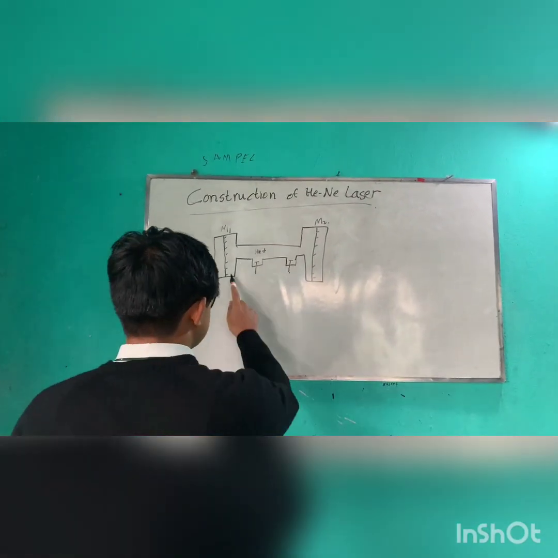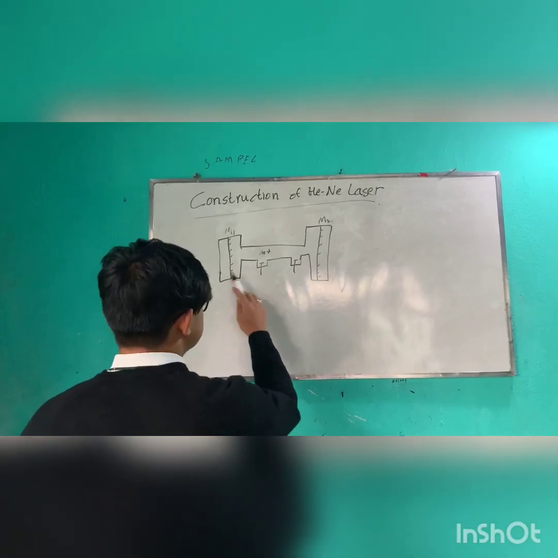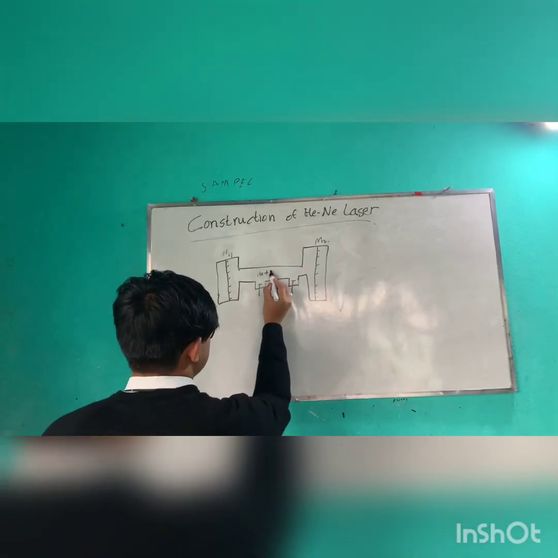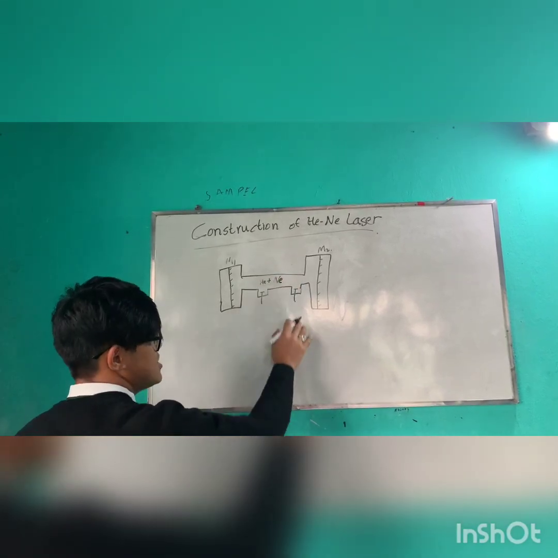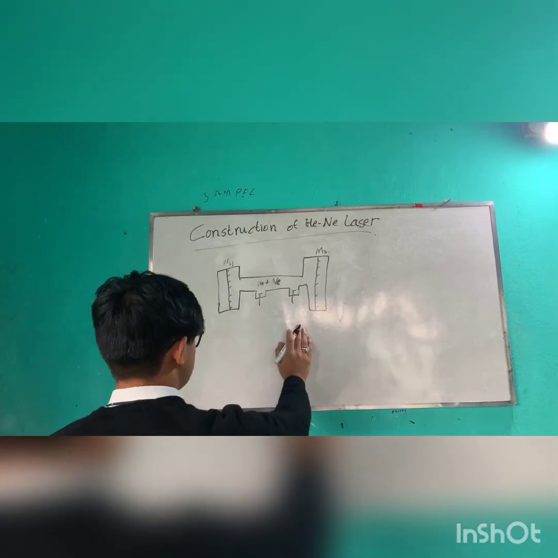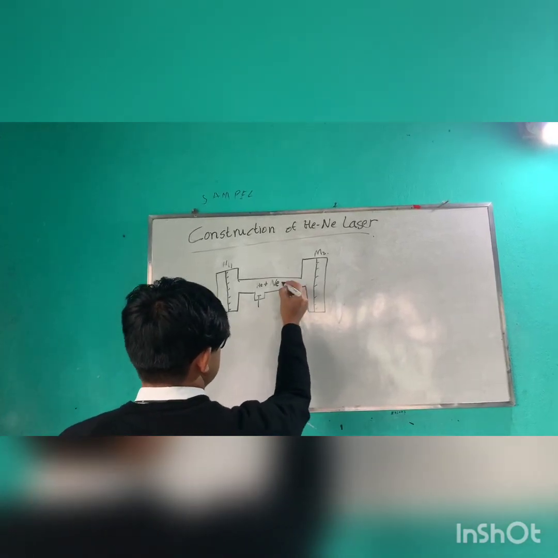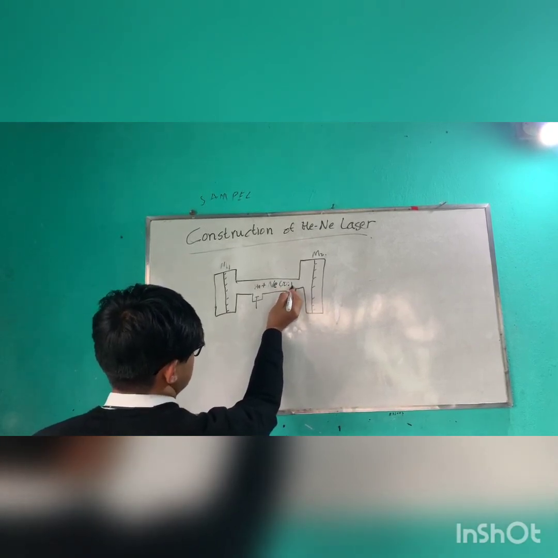Inside this tube, which is known as the narrow discharge tube, it contains helium and neon, and helium and neon are in the ratio 10:1.